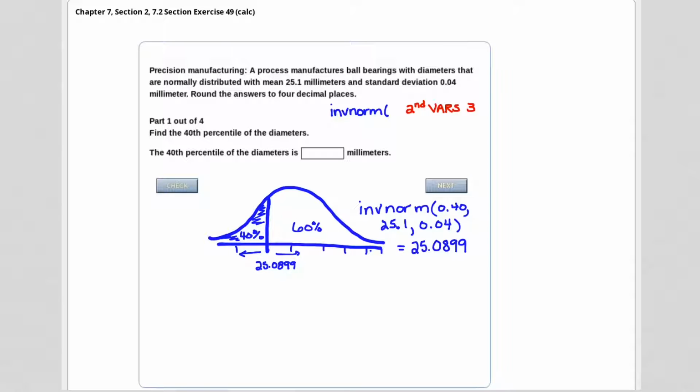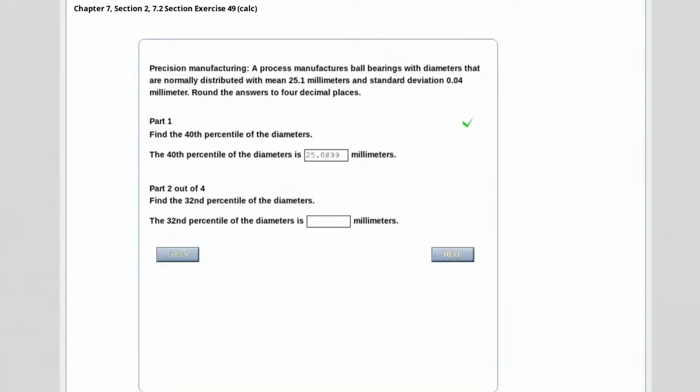Let's take a look at part 2 of this question. Now I want the 32nd percentile of the diameters. So again, I'll use that inverse norm function. But now it's the bottom 32%, so I just make the percentage 0.32, comma, and then the mean and the standard deviation.